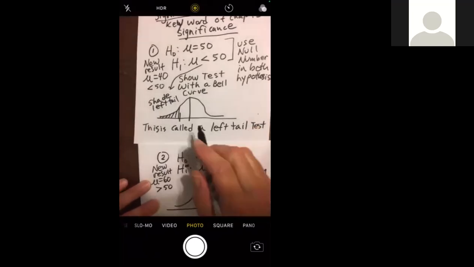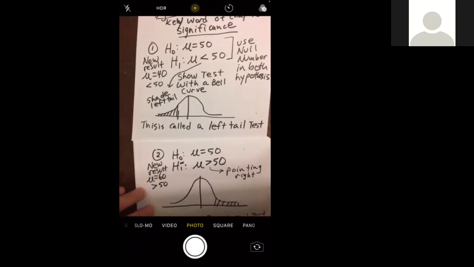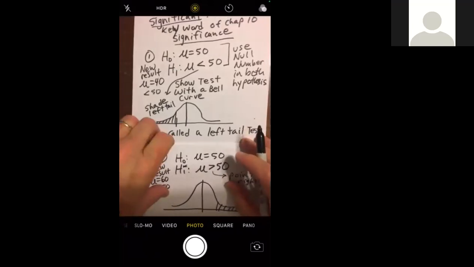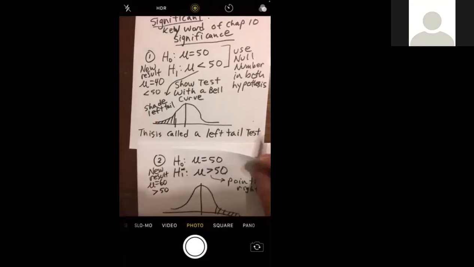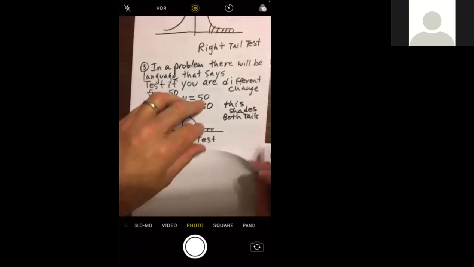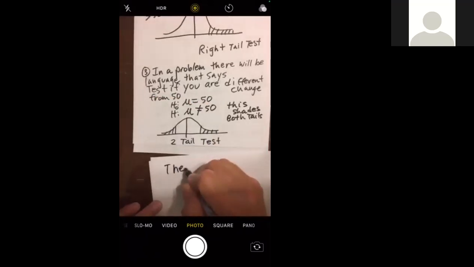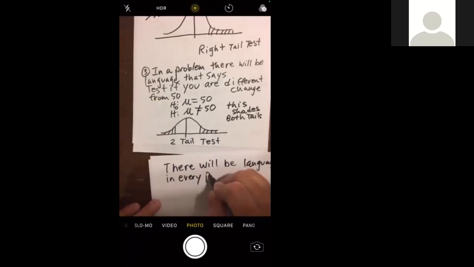Okay. I'm going to try to keep these diagrams handy. And what happens is there will be language in every problem that says test at the, they use this symbol, this is an alpha, equals.